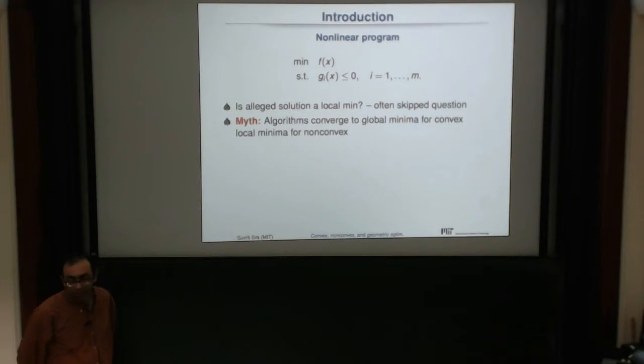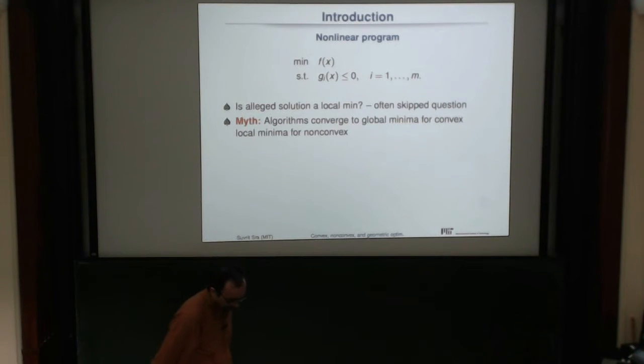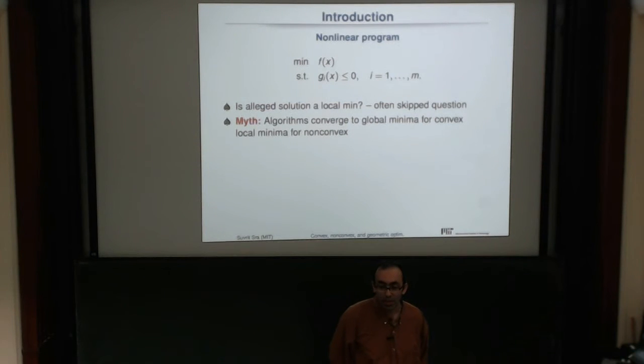Is it a local minimum? Typically it's skipped, and for good reason, as will be clear, but the myth that persists amongst people who are not in optimization is that, okay, if it's convex, I have an iterative method which spits out something, it is getting me to a global minimum, and if it's a non-convex problem, I have an iterative method, it spits out something, it gives a local minimum.